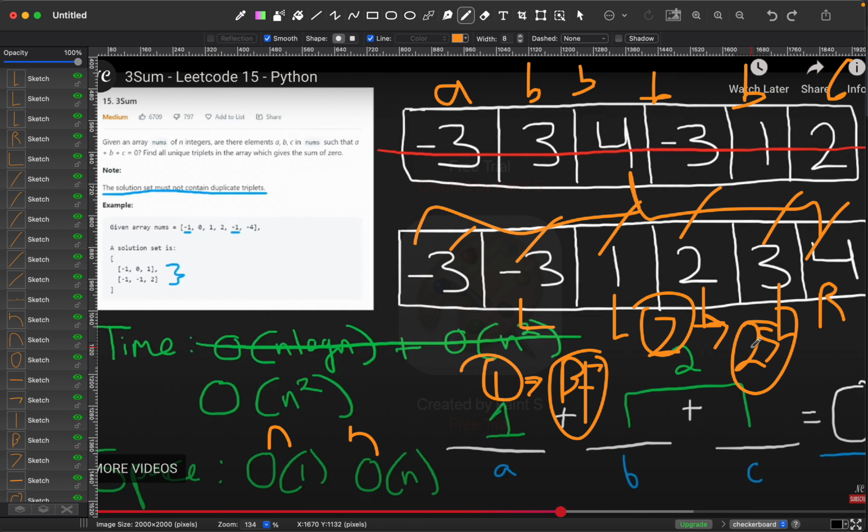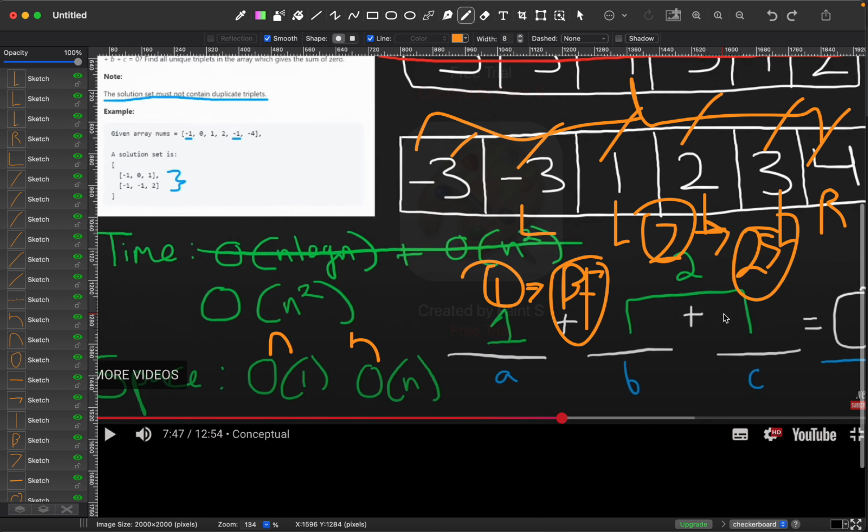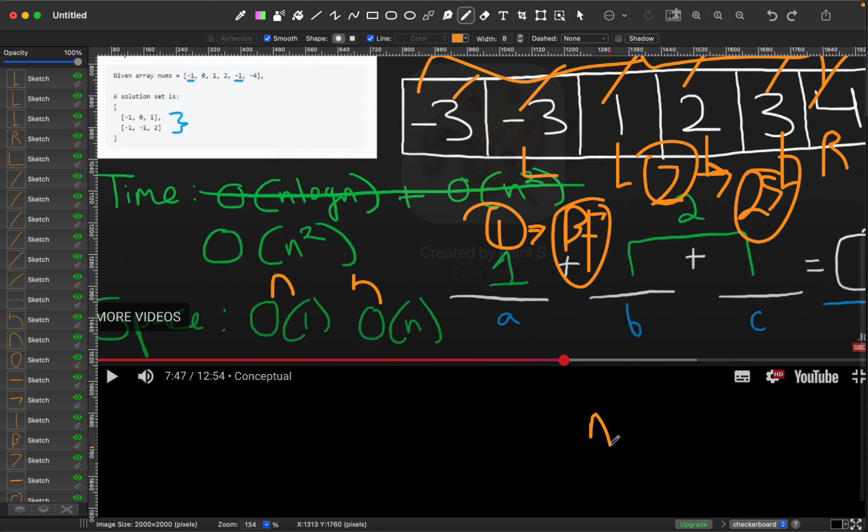Brute force, it takes n, right? So this one is stage 1. You take n, you run through every single value, one by one, and then for stage 2, you technically also run through every single one of them. And we're not saying that your two sum is n squared, right?